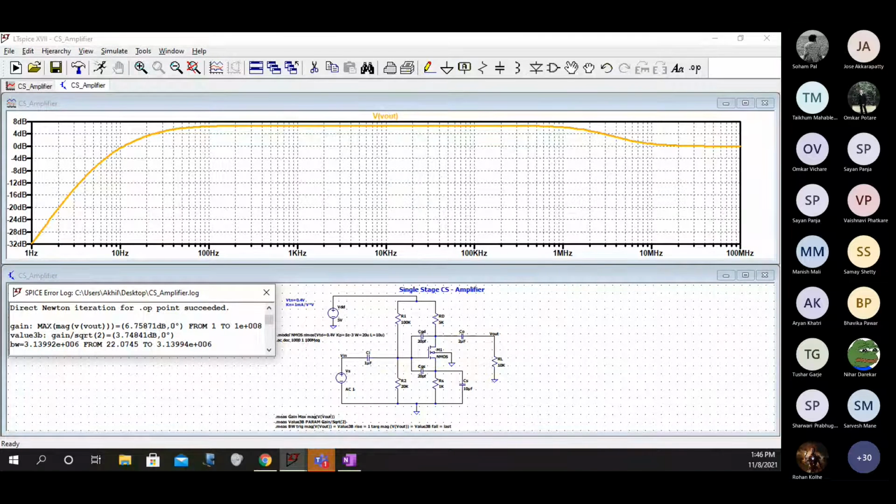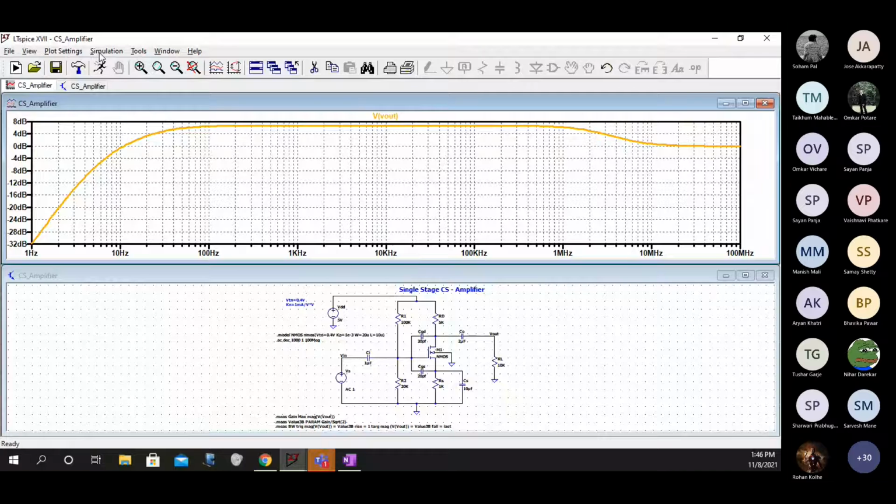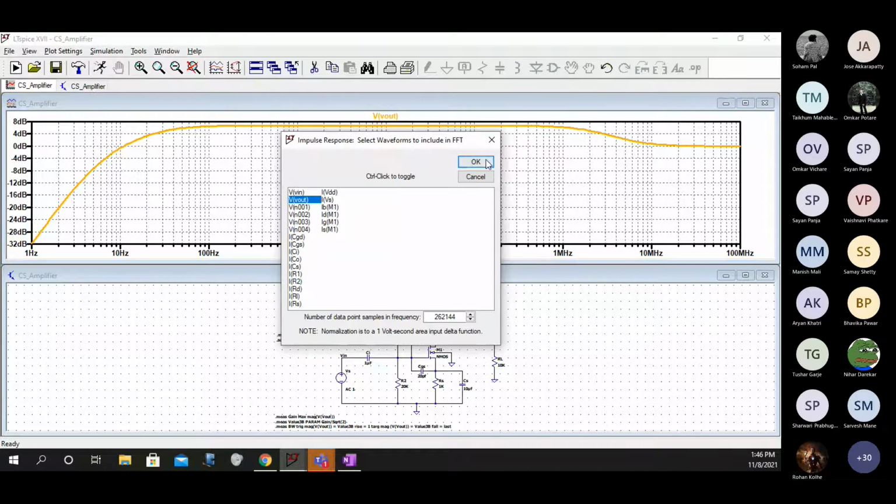So you should know those parameters. Gain, lower cutoff frequency, higher cutoff frequency and bandwidth are the measures of an amplifier. They are the testimony of how good an amplifier is, and you should know that. You can also see the Fourier of this. So you can see the FFT of V out.